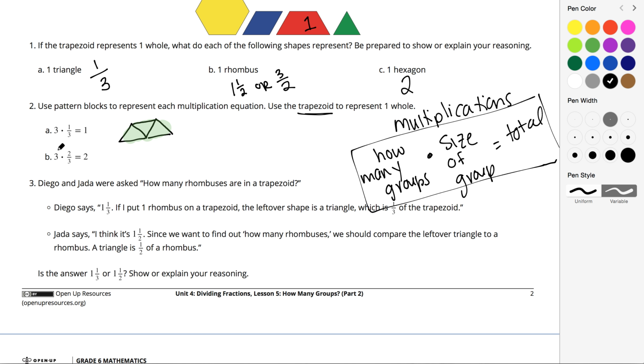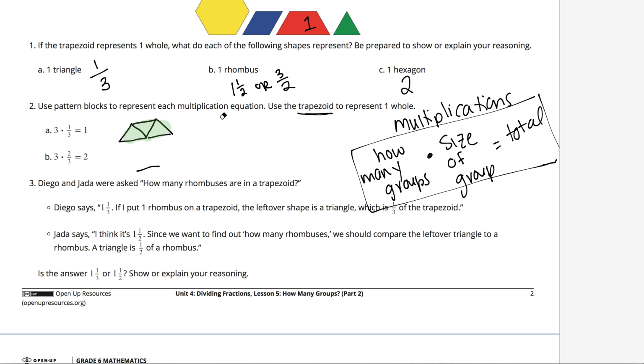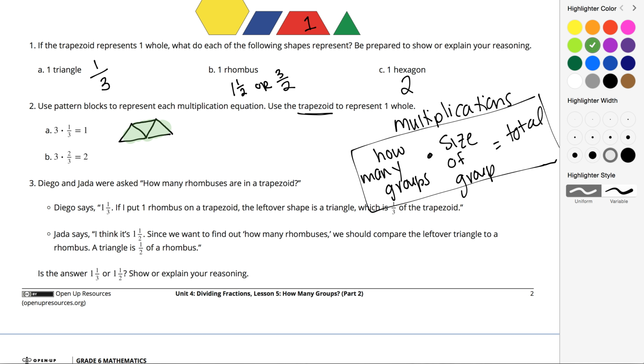My next one is saying I have 3 groups the size of 2 thirds. Okay, 2 thirds represents 2 triangles. So I have 3 groups the size of 2 triangles. Actually, this one I'm going to color each triangle different to show that each is its own group. Here's my 2 triangles. That's group 1.